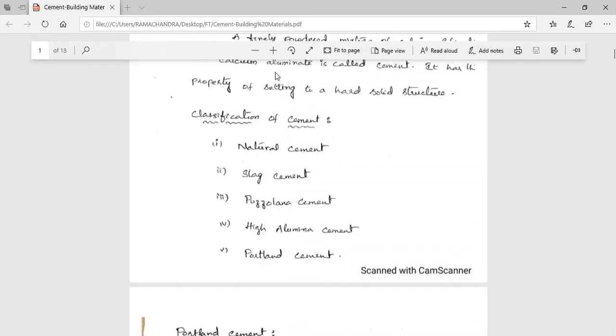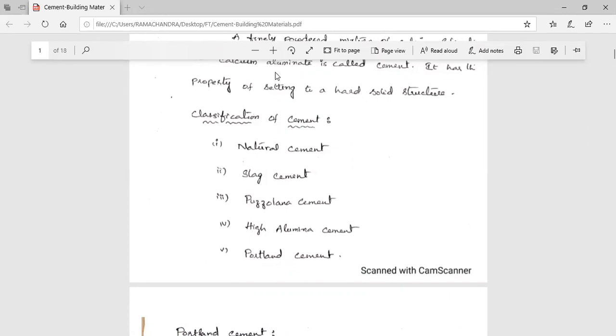At that temperature we get a mixture of fine powder, and that finely powdered mixture is known as high alumina cement. It has a rapid rate of development of strength and superior resistance to sea and sulfate waters.